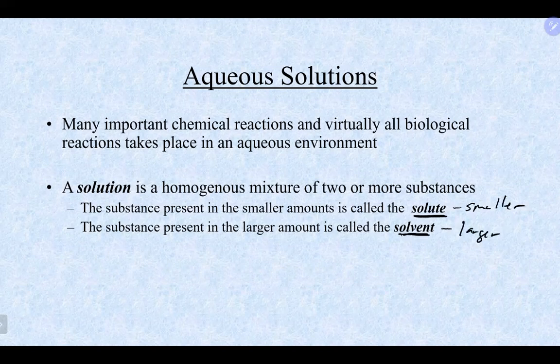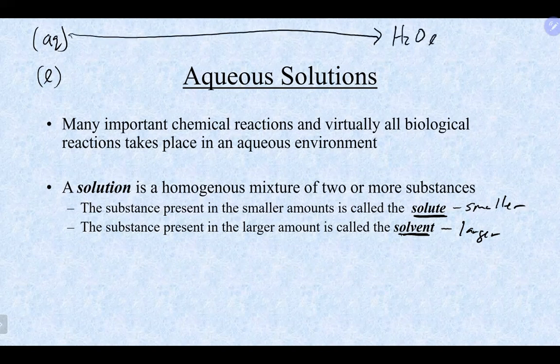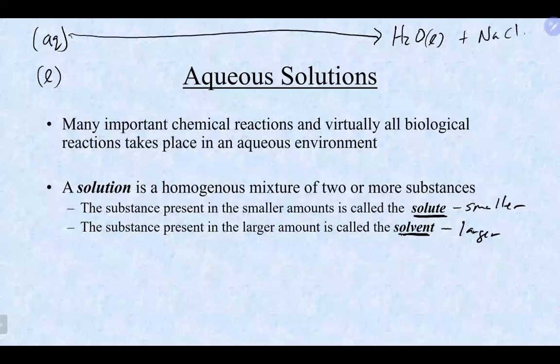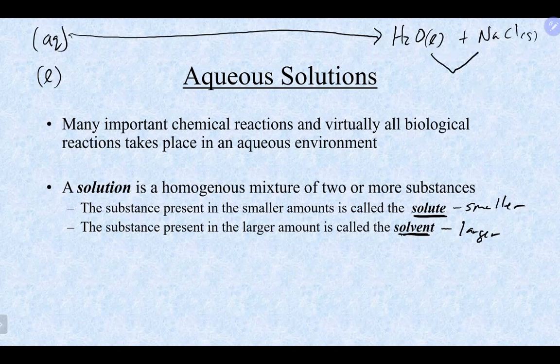So aqueous, guys, is different than something that has just the liquid designation. Aqueous means this type of situation is occurring. So for example, if we took some water, which is a pure liquid, and added to it some solid sodium chloride, these 2 would dissolve in each other.